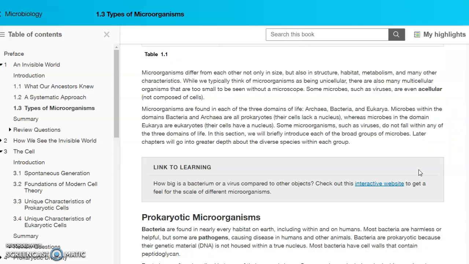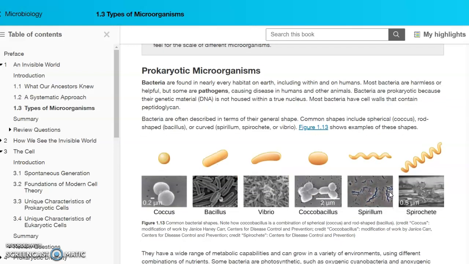Not only do microbes vary in size, but they also differ in structure. So we're going to take a closer look at each of our different types of microorganisms. The one that we'll study the most are the bacteria, which are the prokaryotes. Bacteria are found in every habitat on Earth. They live on us, in us, and all around us.